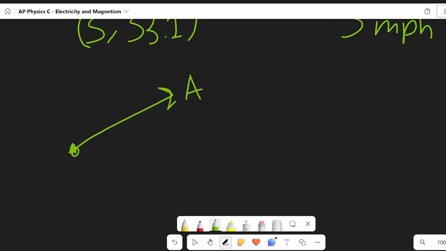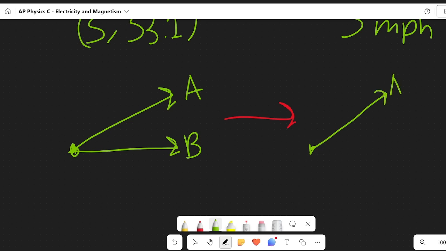Let's say we're trying to add two vectors, call this vector A and call this one vector B. To add these two vectors, we're going to convert this into tip to tail, like so. This will be A, and then from here we graph it going to B. So overall, this will be our A plus B.